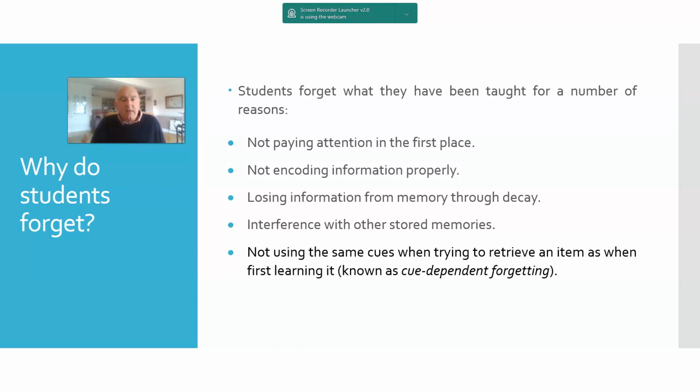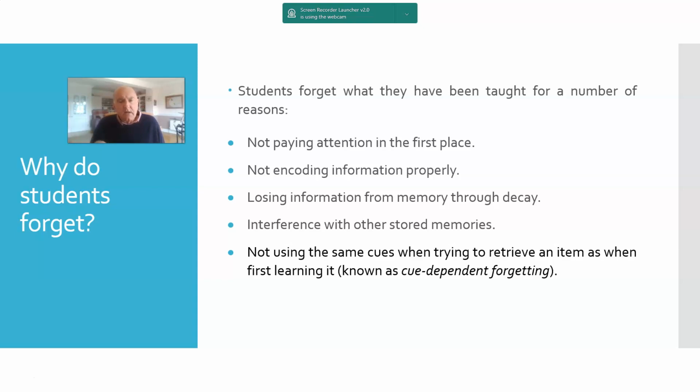Sometimes they might not remember things because they've confused items together. One item has interfered with another. So, for example, in language learning, it might be two words that sound similar. In French, it could be the word cours, which can be spelt in different ways and has two or three meanings at least. Interference between those might cause confusion with memory and loss of memory.